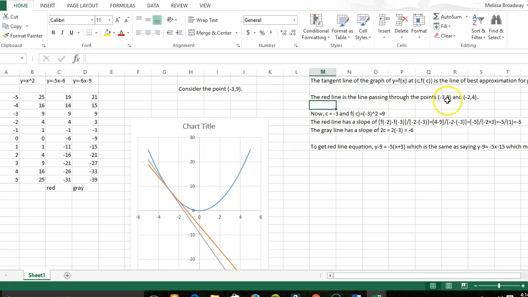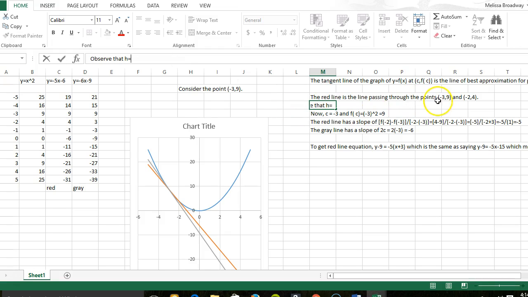Now observe, guys, what is my h here? For my red line, and I should have put this right after I defined my red line, observe that h equals, well, what is h?